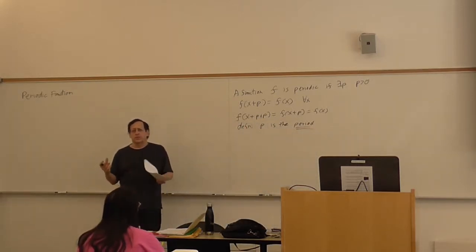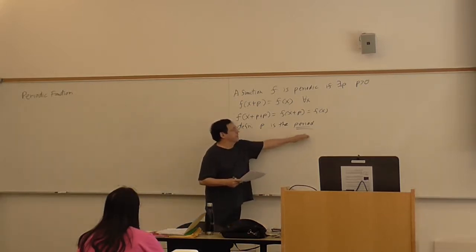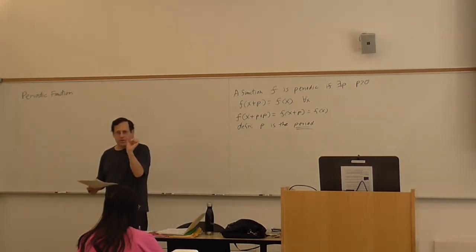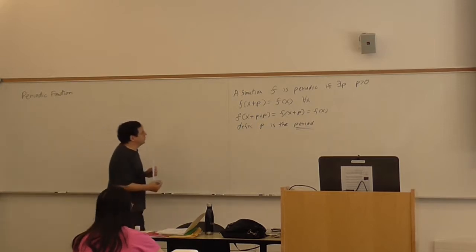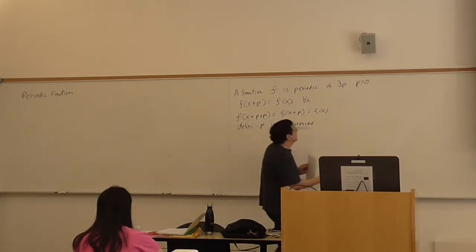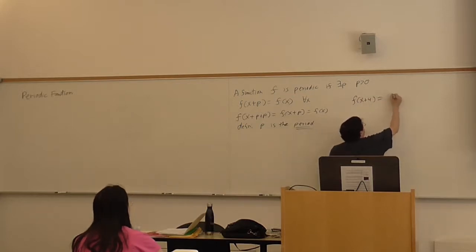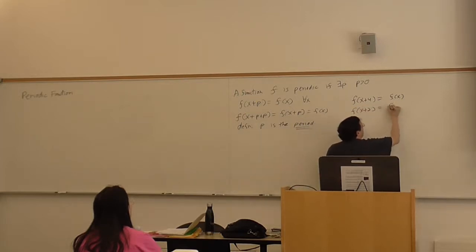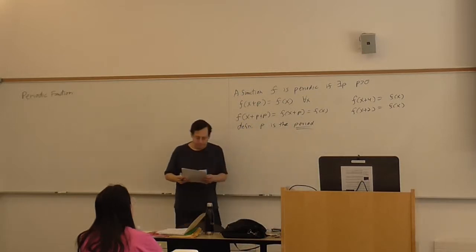I guess p is a period of the function. The period is the smallest such value. So, for example, if f of x plus 4 equals f of x, but f of x plus 2 also equals f of x, then the period is 2.